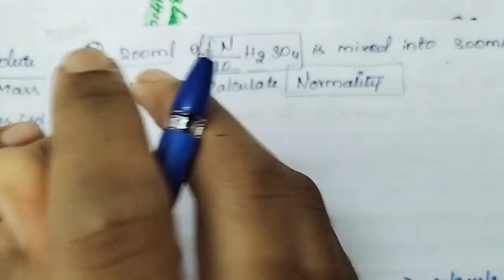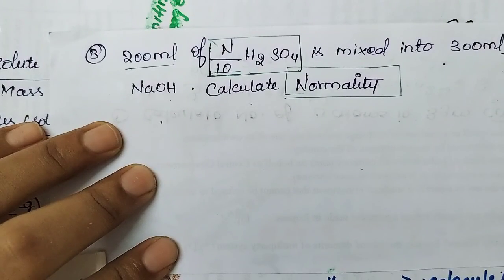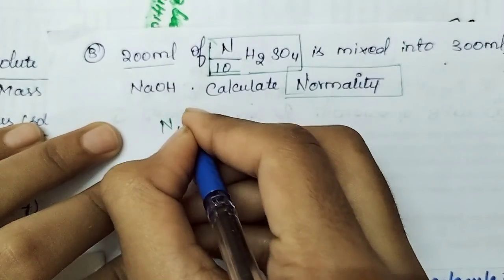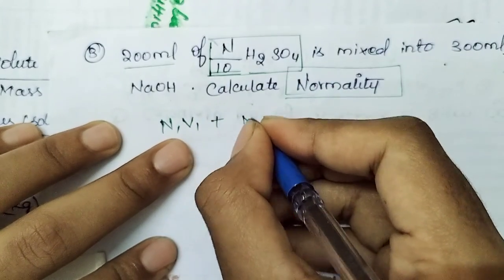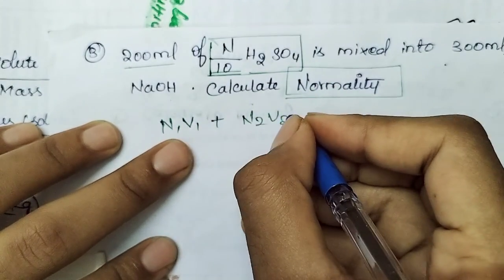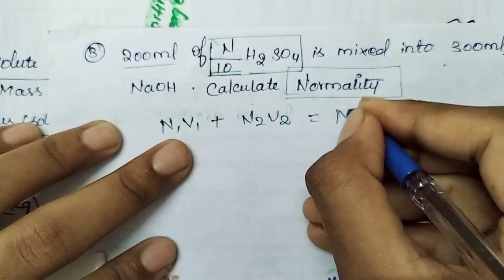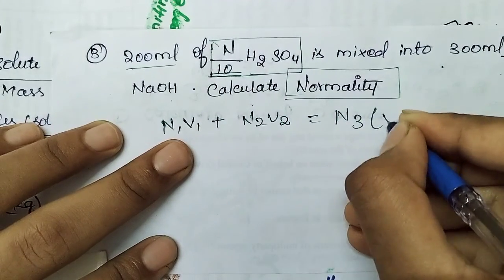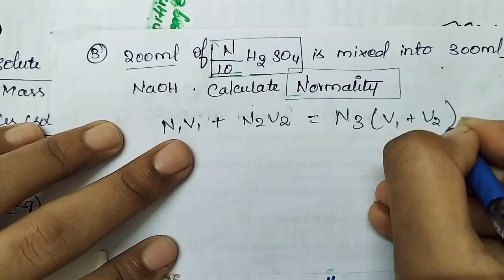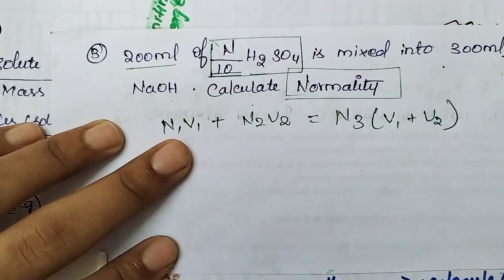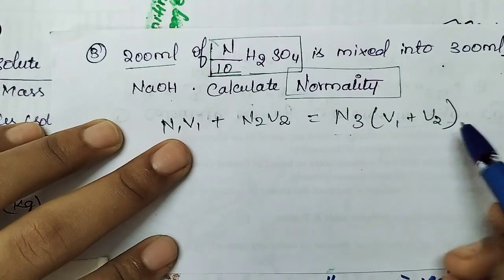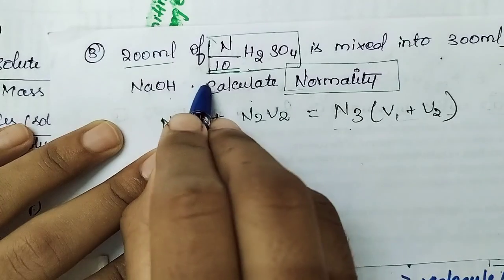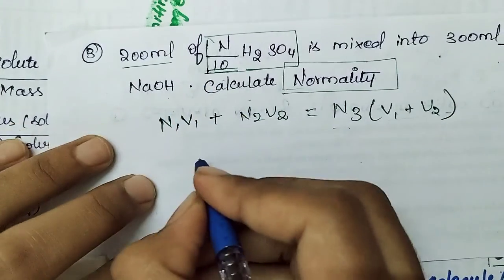The normality of a solution on mixing two solutions is calculated by N1V1 plus N2V2 equals N3 into the volume of 1 plus volume of 2. That is, gram equivalence of the first solution plus gram equivalence of the second solution gives the total gram equivalence. That's what we will use here.